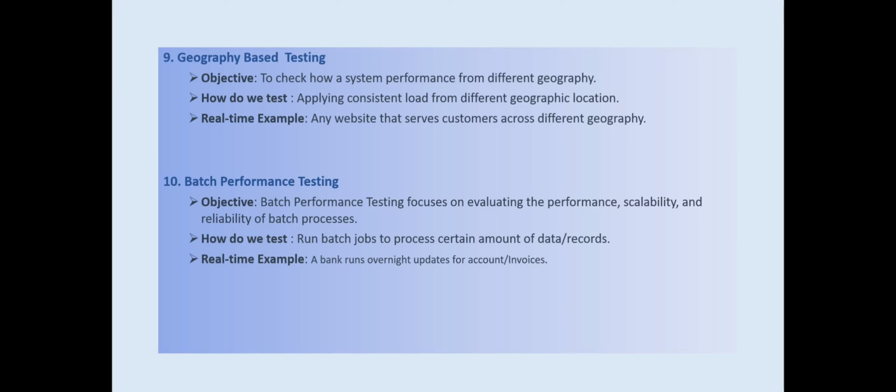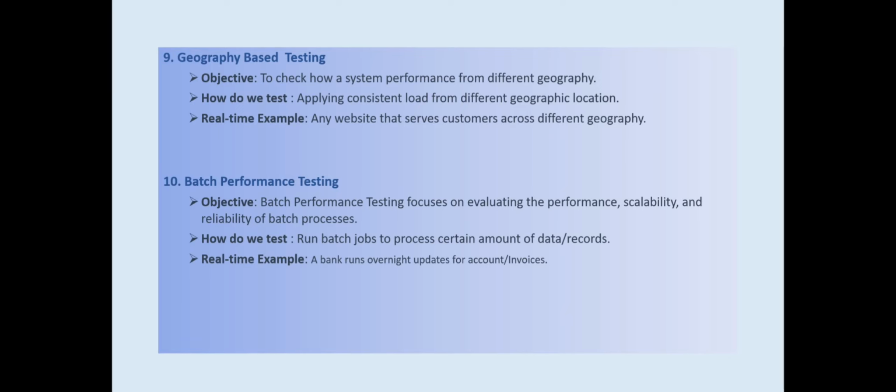Either we can have our AWS machines in that particular location and simulate the load, or we can have some simulators using which we can mimic the geographic location and test it. If you look at the real-time example, any website or application that serves customers across different geographies, it is essential for them to check whether the performance of their application is uniform across different geographies.